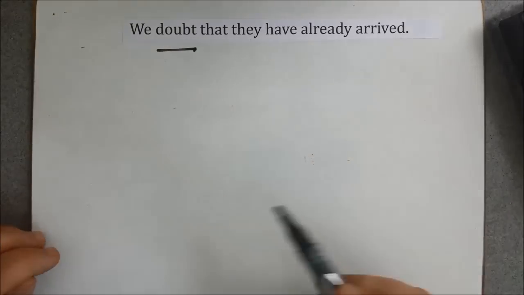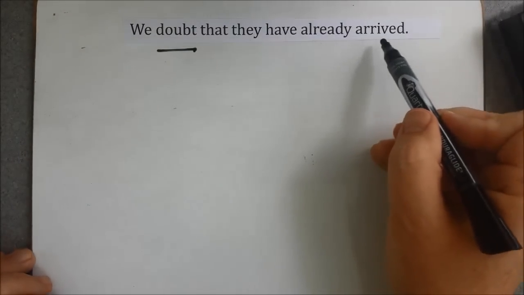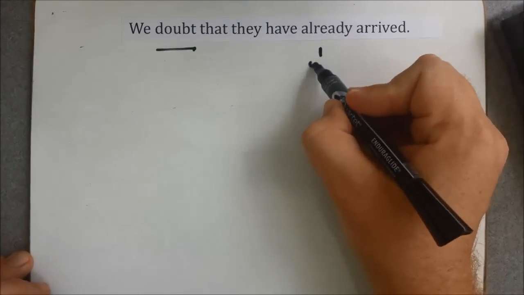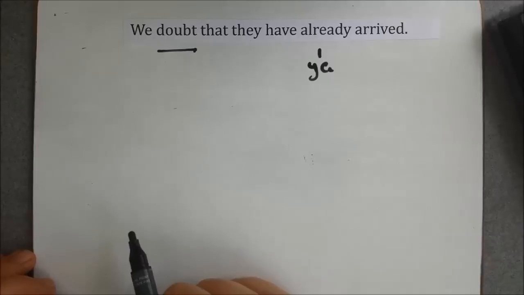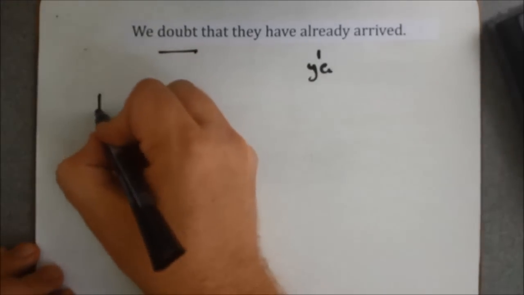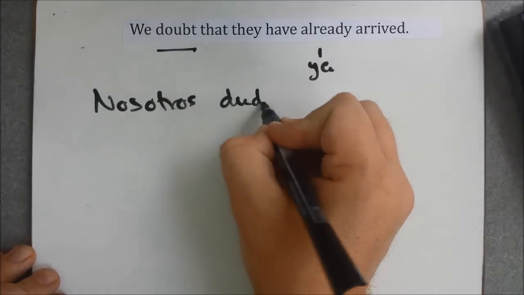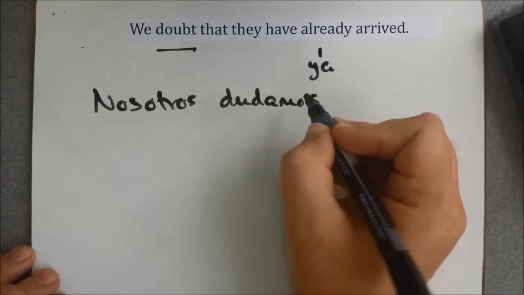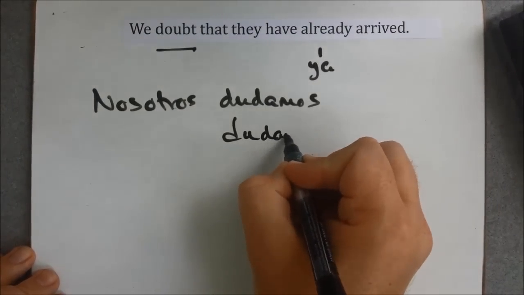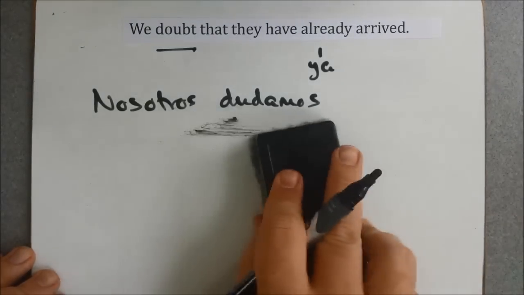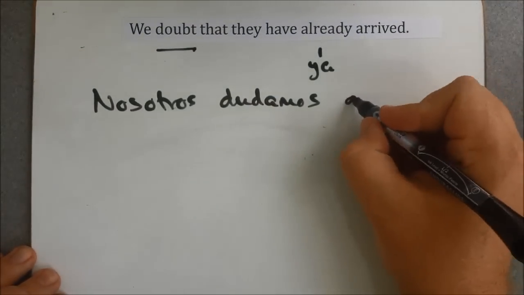Doubt, in this case. We doubt that they have already, remember already, ya, it's that idea. We doubt that they have already arrived. So, nosotros dudamos, the verb is dudar, right? Nosotros dudamos que, right?